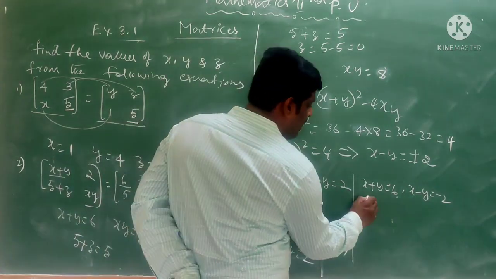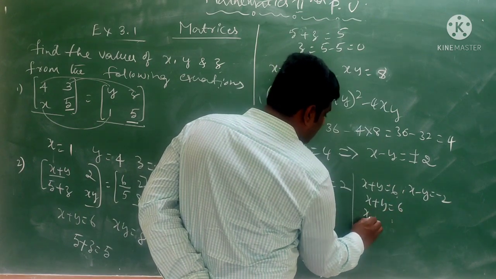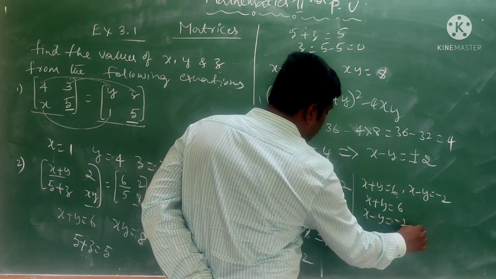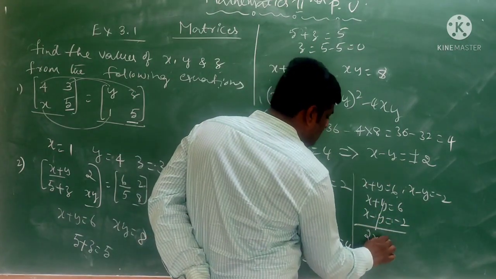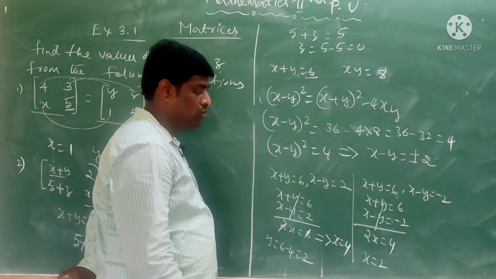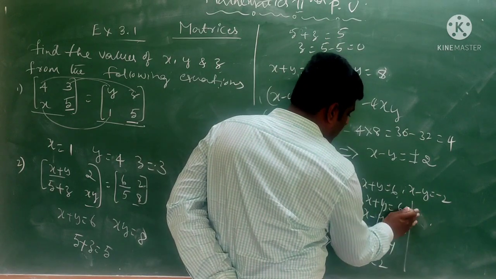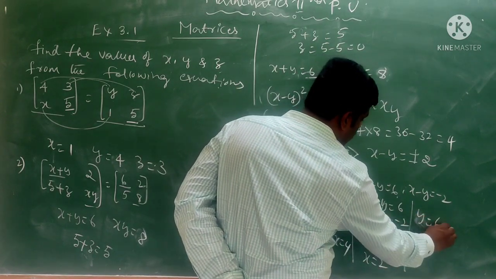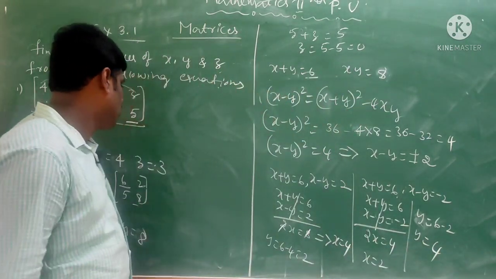So here x plus y is equal to 6, x minus y is equal to minus 2. Y cancels. 2x is equal to 4, x is equal to 2. That means here, I want to find y: y is equal to 6 minus 2, y is equal to 4.